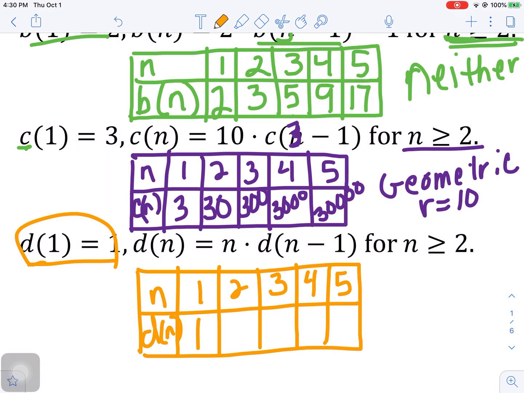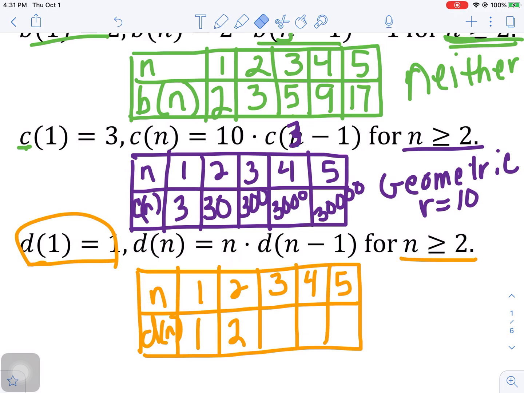The first term is 1. Now if we put 2 in for n, that tells us to take n, which would be 2, times d of n minus 1. Well, d of 2 minus 1 is d of 1, and d of 1 is 1. So we're going to take 2 times 1, and that'll give us 2.